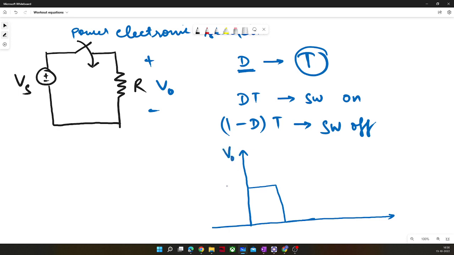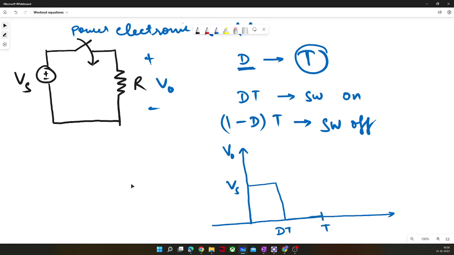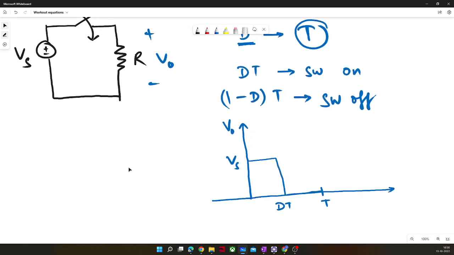So V note would be Vs for DT and 0 for the remaining time of the time period. Now this was fine. Either we can derive the Fourier series for this waveform, or we can make a common waveform where we can generalize things, right?